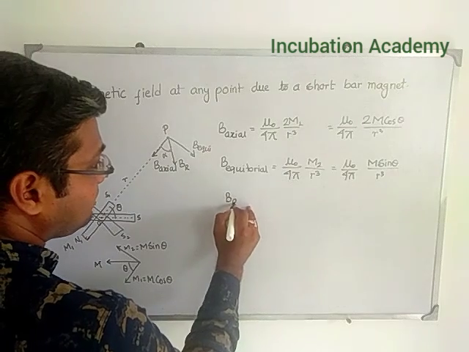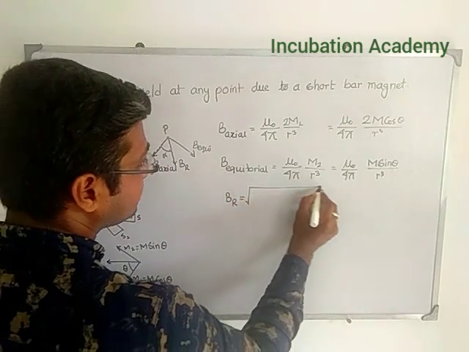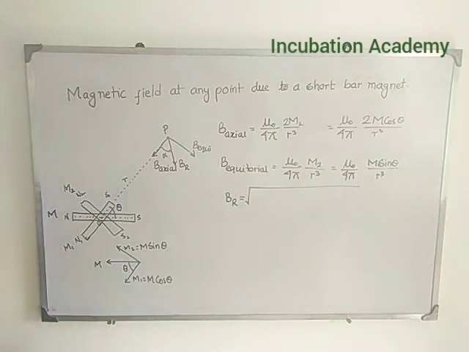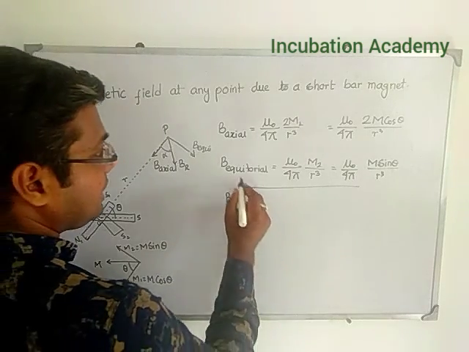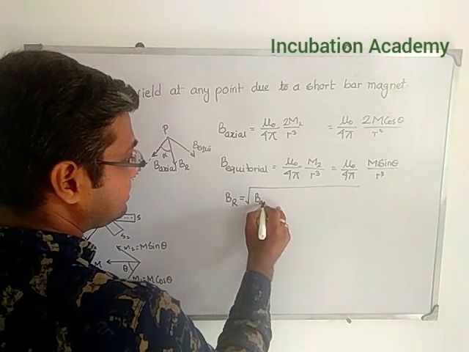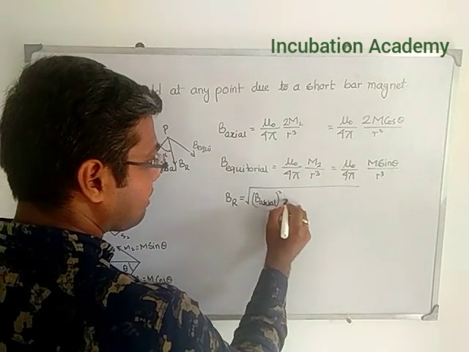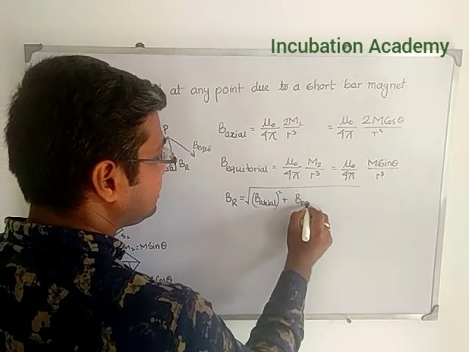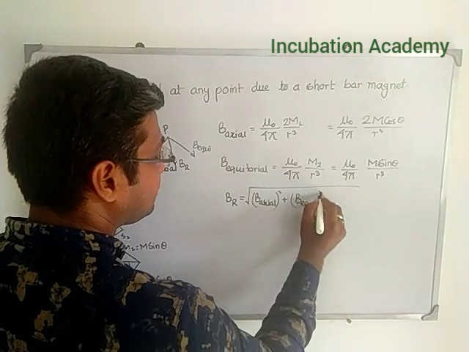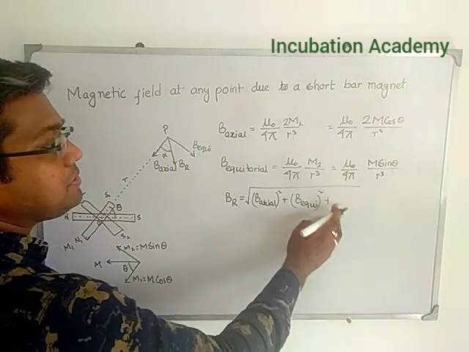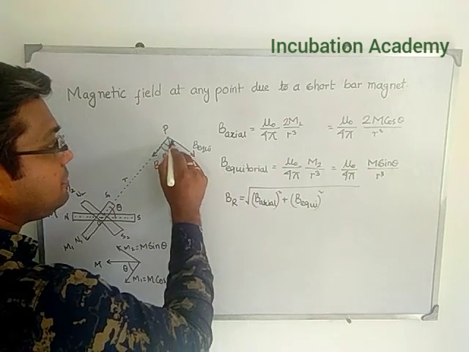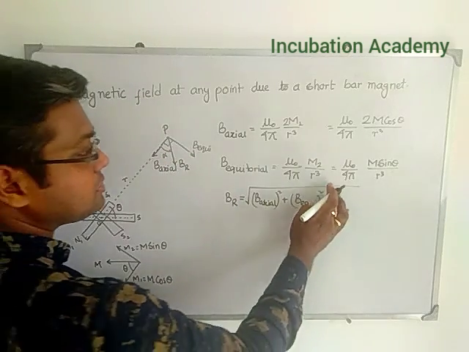The BR can be easily found by using the resultant law of vectors, that is B axial square plus B equatorial square, plus 2 B axial B equatorial cos 90 degrees. Because the angle between them is 90 degrees, that part is 0, so you need not write this.